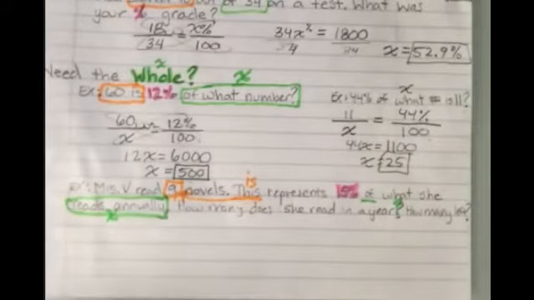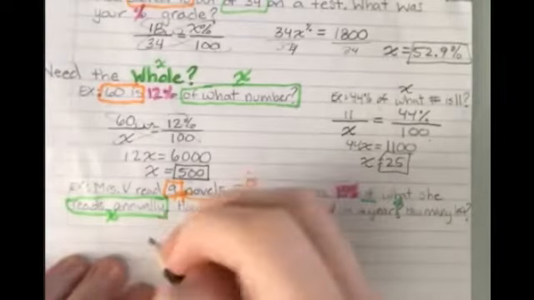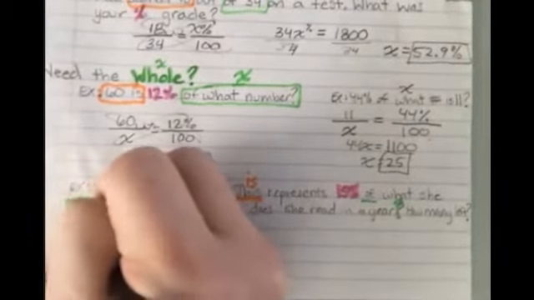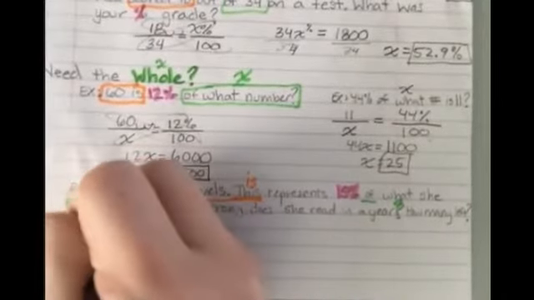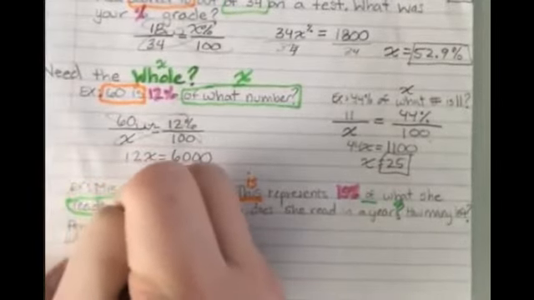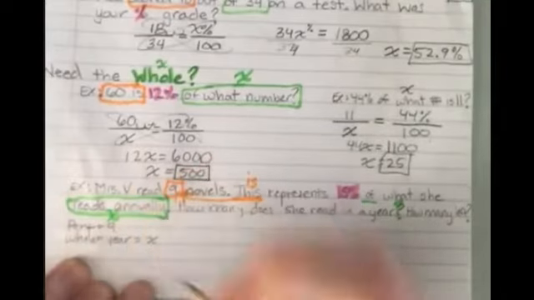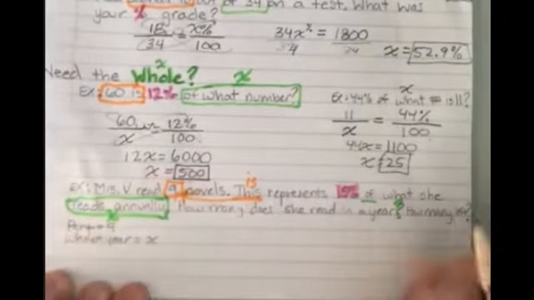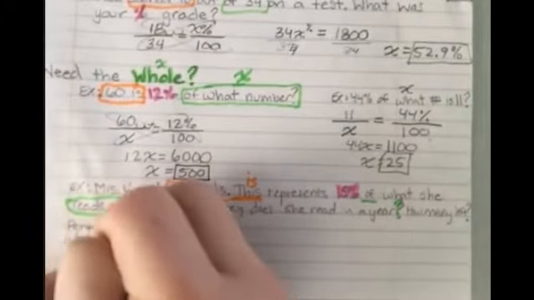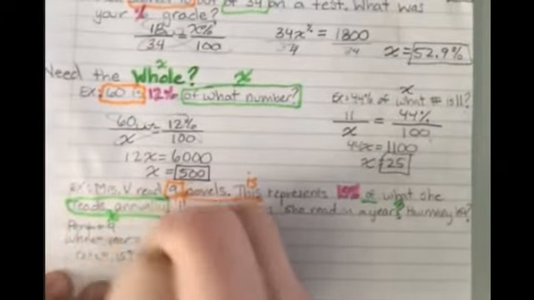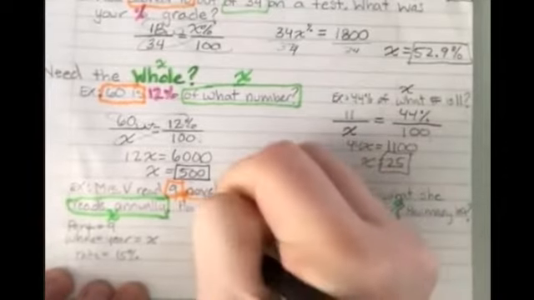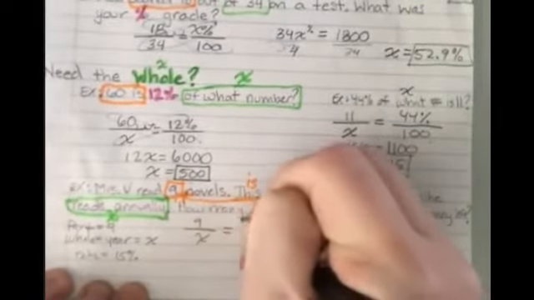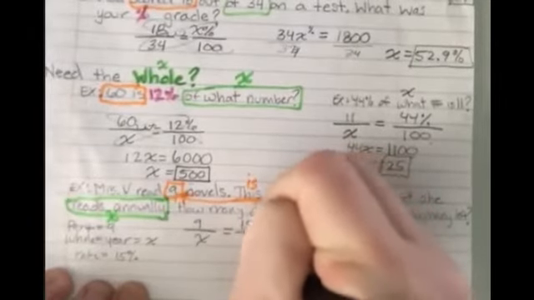So in a year, your part equals 9, the whole equals the year equals x. That's what we've got to figure out. And the percent, the rate, equals 15%. So 9, since that's the part, goes over x, equals 15 over 100.